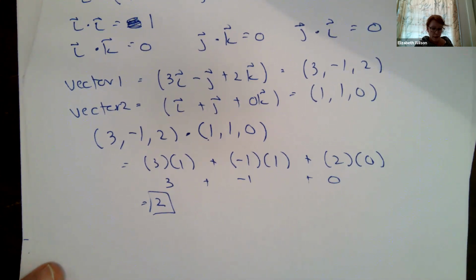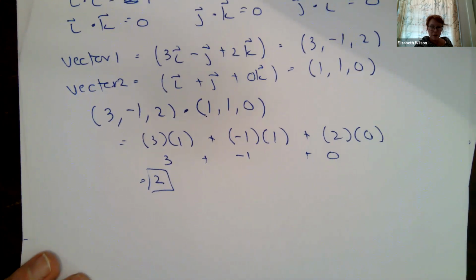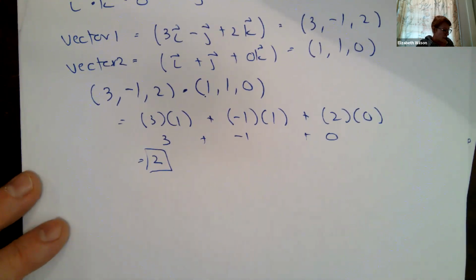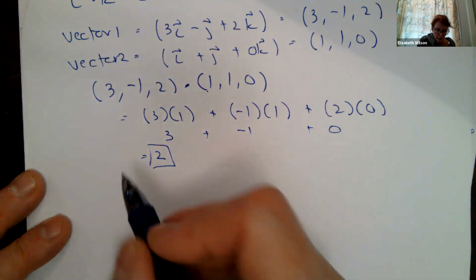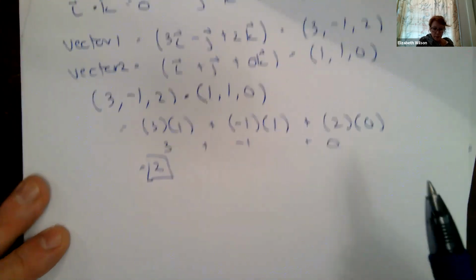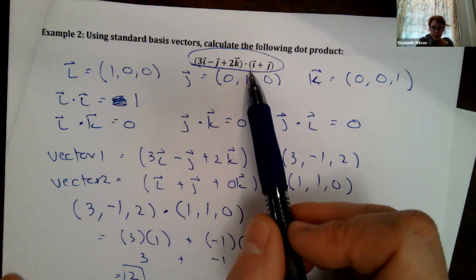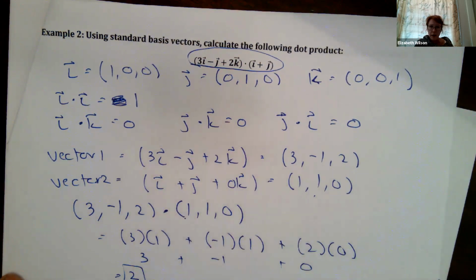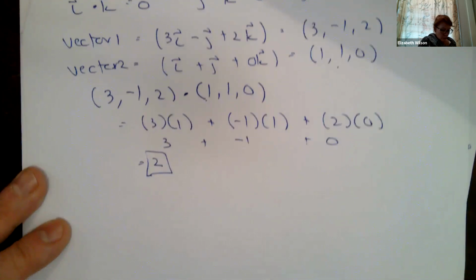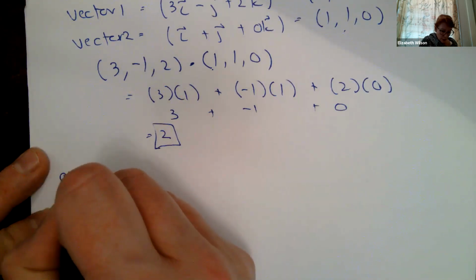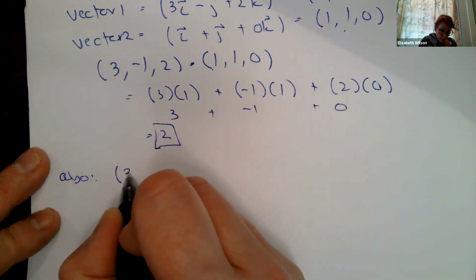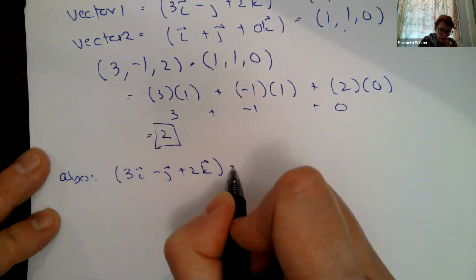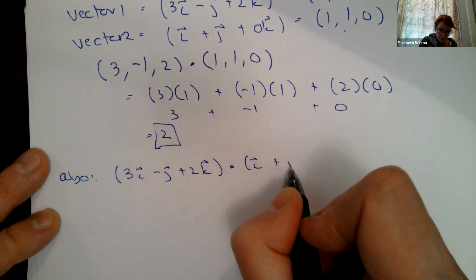The other method that I can do when I have the basis vectors is kind of treating it like an equation where I have to distribute all the terms and multiply it out. I'll just show you really quick, but I think your best bet when you see basis vectors being dot-producted together is to write them in terms of their individual components and then just take the regular dot product. So I can also do it like this. 3i minus j plus 2k, I'm just rewriting the question, dotted with i plus j.